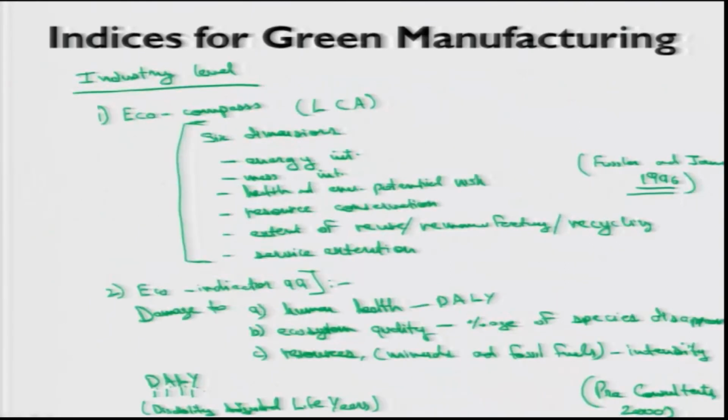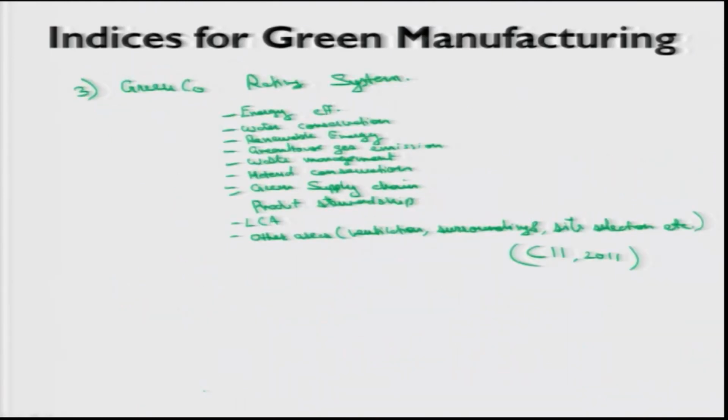Besides these indicators, eco compass, eco indicator and green rating system, there are also global indicators like GEN, that is the Global Ecolabeling Network. They give certification for green manufacturing like CII did.